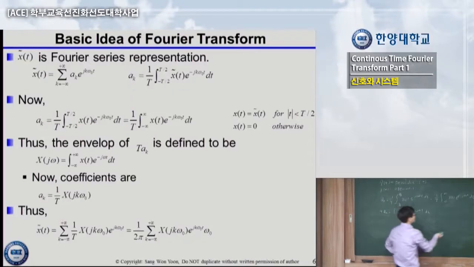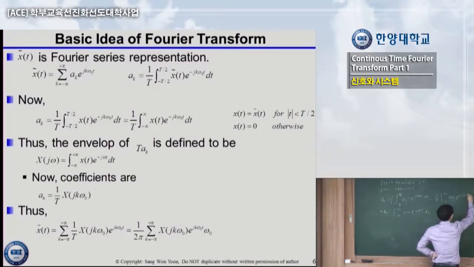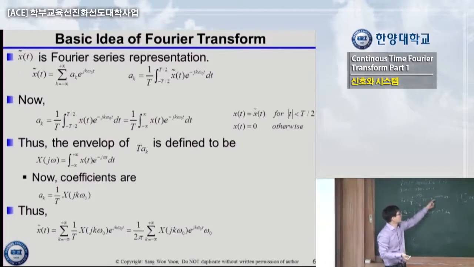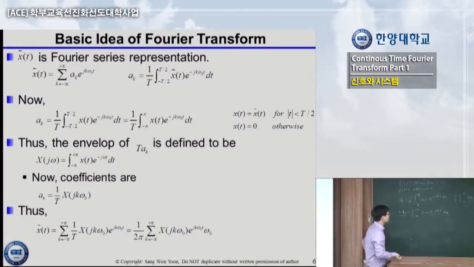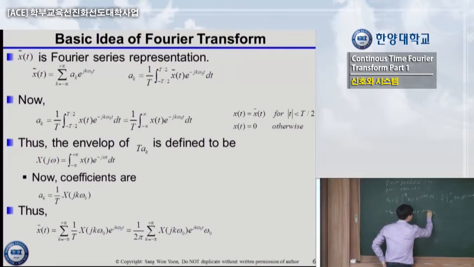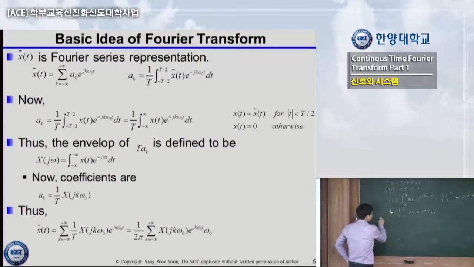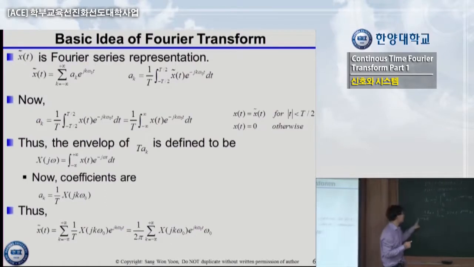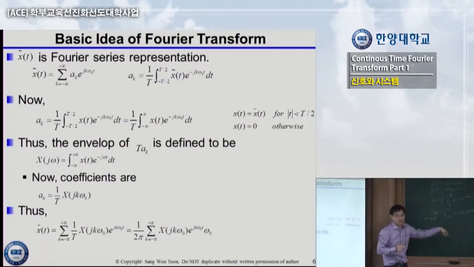It is e to the j omega 0 k t. To derive this, we used the relationship and considered this to be a time-stepping sampling of omega, when omega is infinitely fine.